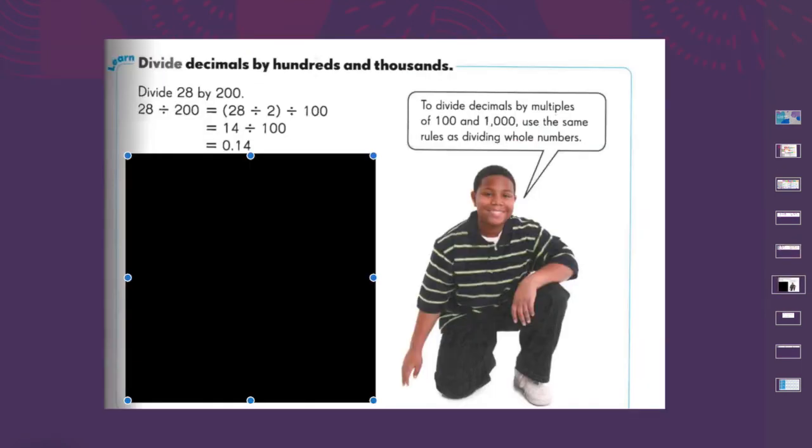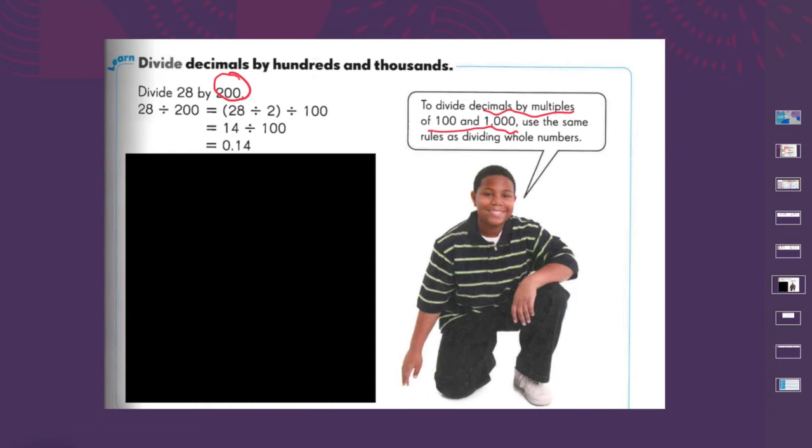Now we can use what we know about dividing numbers by 100 and 1,000 to divide decimals by multiples of 100 and 1,000. And we can use that same rule. So let's look at an example together. If we wanted to divide 28 by 200, 200 is a multiple of 100. And so all we need to do is break that down.